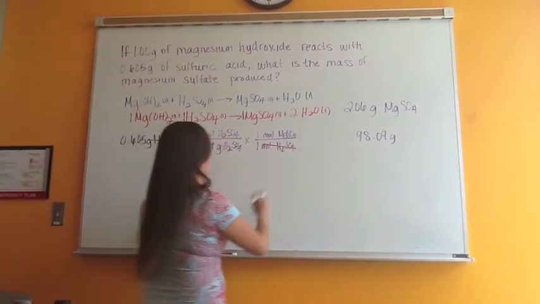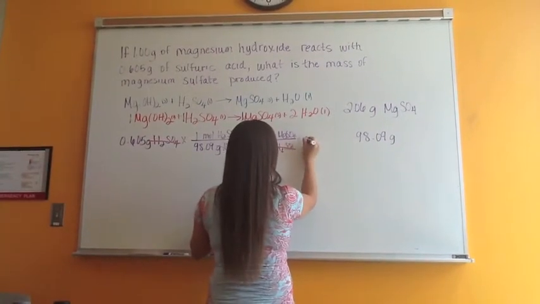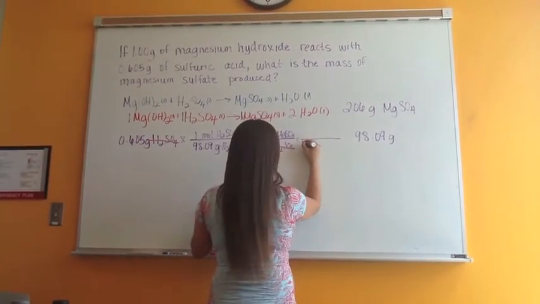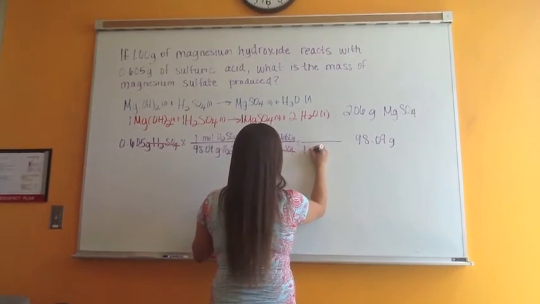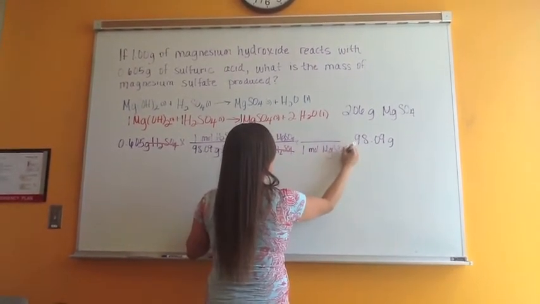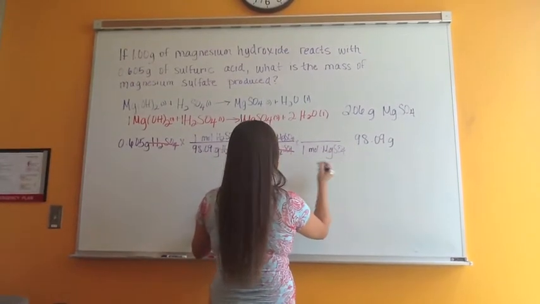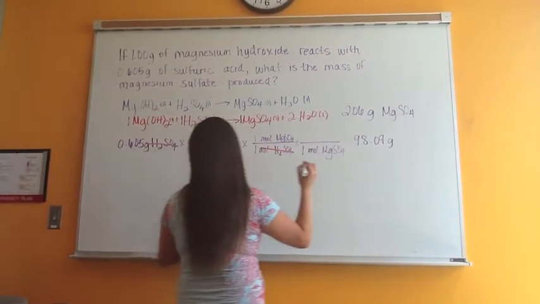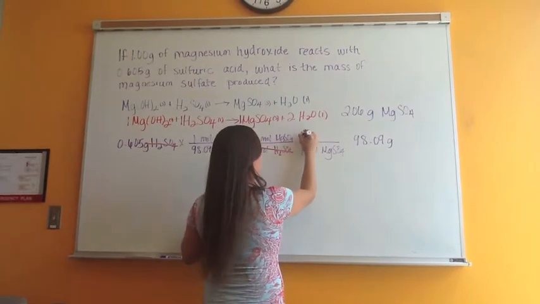Now we just need to figure out the mass of 1 mole of magnesium sulfate, and the molecular mass of magnesium sulfate after adding everything up is 120.38.